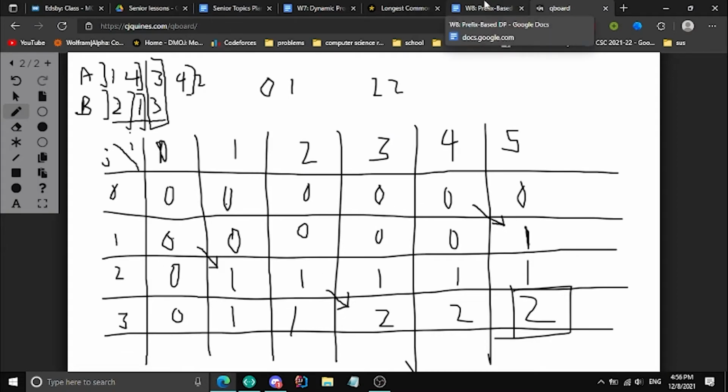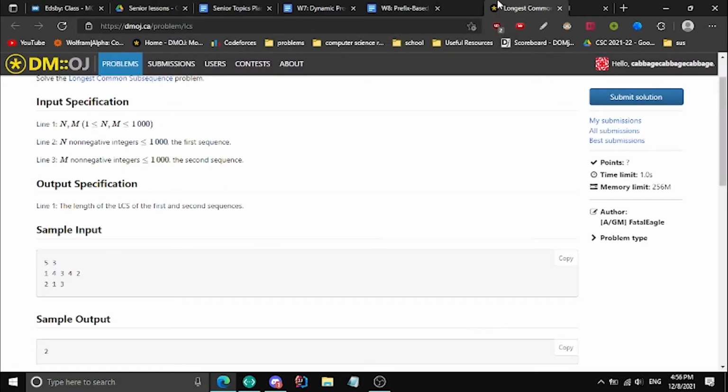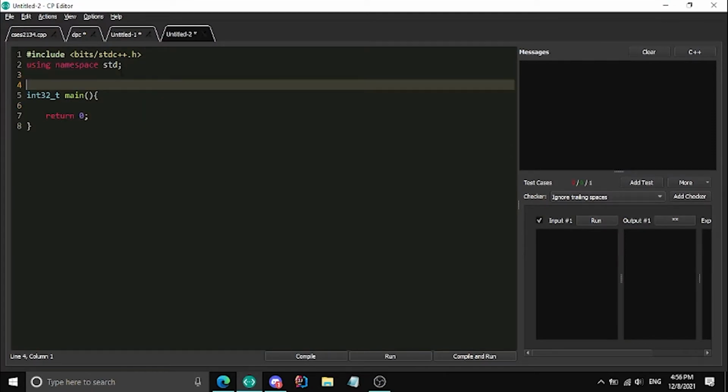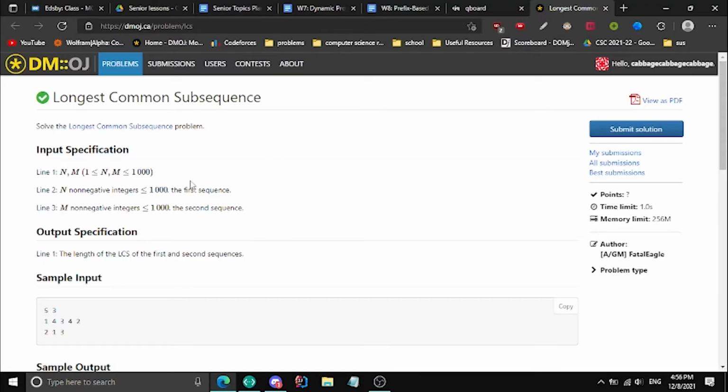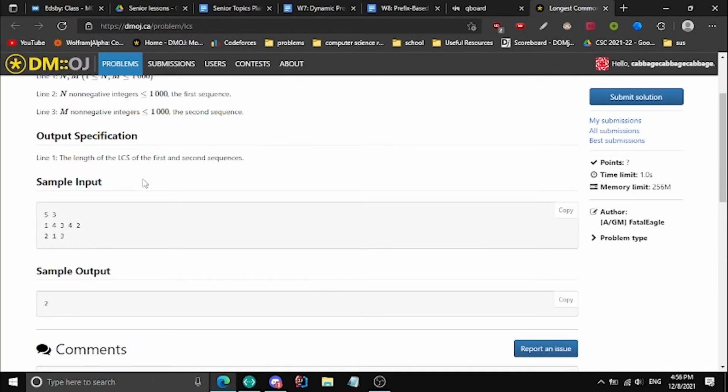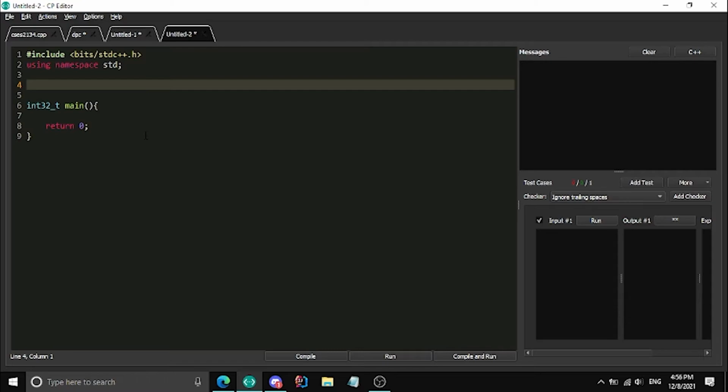Okay, well, if everyone understands this, I'm going to go and implement this. So, okay, so let's store the sequences in arrays as well as the dp table. Okay, so we have our maximum length to be 1,000. Actually, that's not necessary.